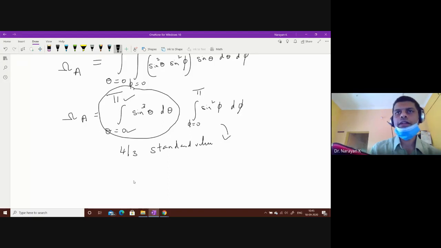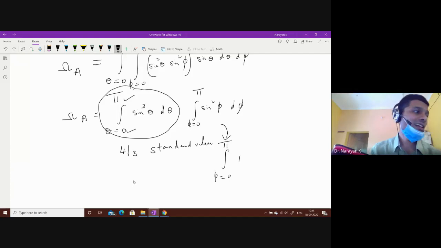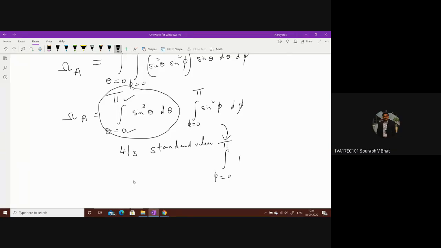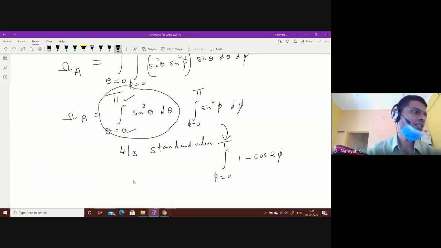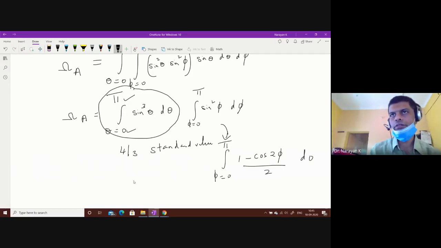So how can I write this? Phi varying from 0 to pi. What is your sine square phi? It should be written as (1 minus cos 2 phi) by 2. This whole thing.